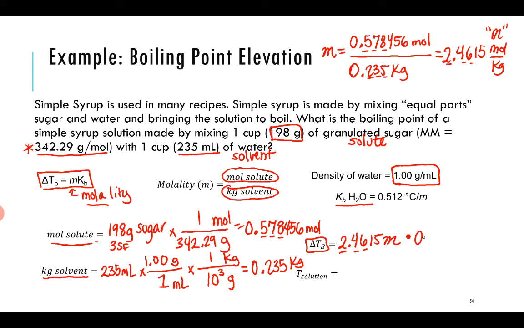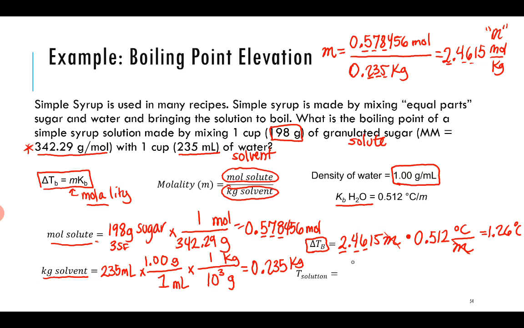And so that is 0.512 degrees Celsius per molal. And so my molals cancel out, and then I'll be left with a delta T in Celsius. And that is 1.26 degrees Celsius.